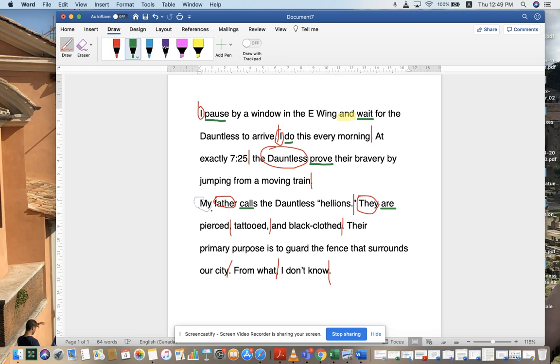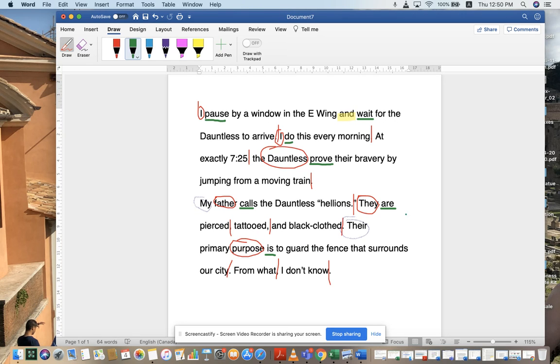Next, their primary purpose. So once again, there is a possessive, and primary is an adjective, but purpose is our subject. And then we have is again. And once more, the linking verb or an auxiliary verb. If it's auxiliary, is there an ing here, guys? Nope, it just says to guard, which means that it's just a linking verb. So whatever comes after this linking verb is going to be talking about the subject.